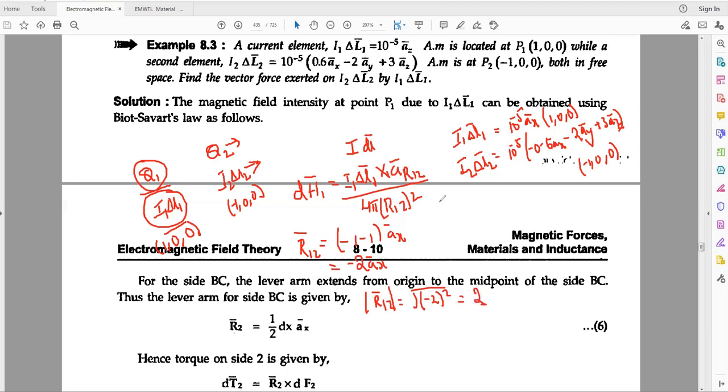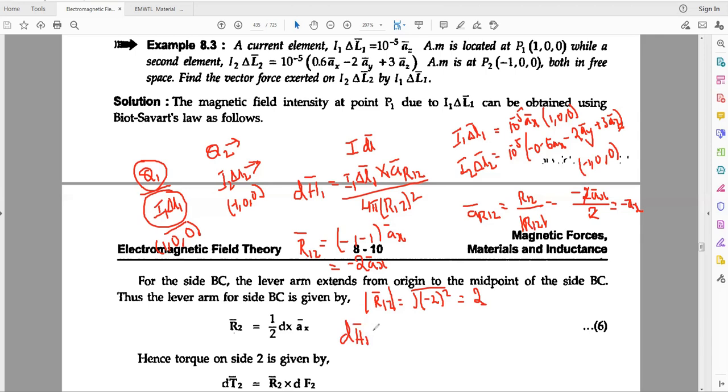And we need the unit vector AR12 bar, which is R12 bar divided by its magnitude. That is -2 AX bar divided by 2, so the 2 cancels. The -AX bar is the unit vector. Now I can substitute all these into the dH1 bar.